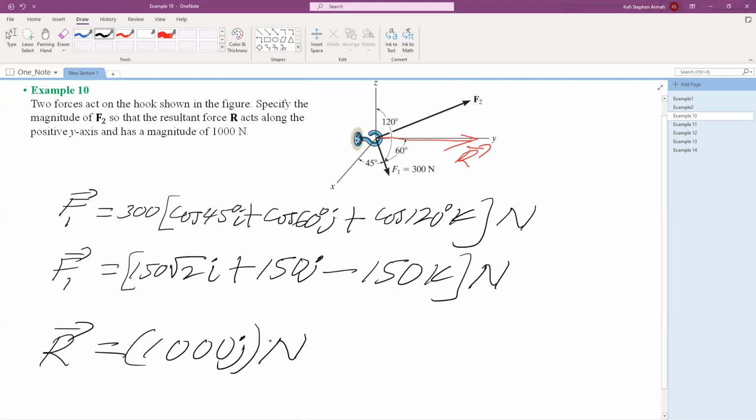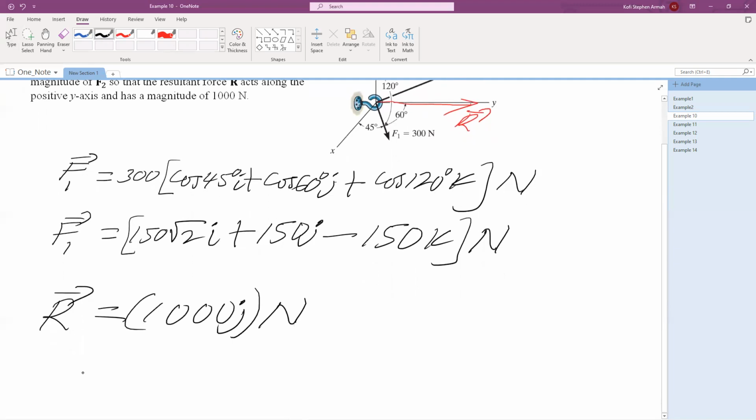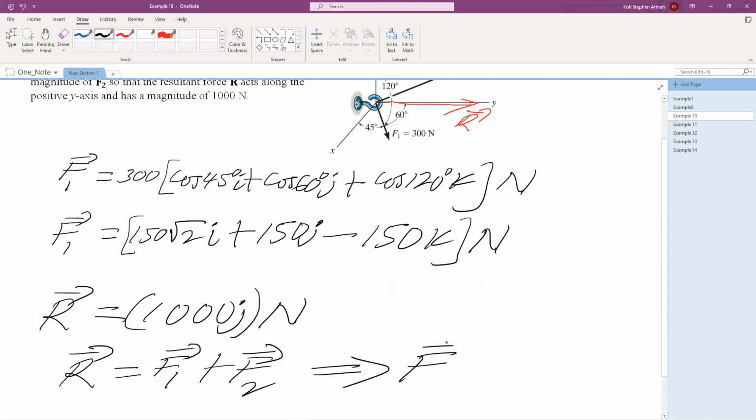That is your R. So now R, the resultant as a vector, is your F1 add your F2. What it means is that F2 is equal to your R minus your F1. Easy. So you just subtract.